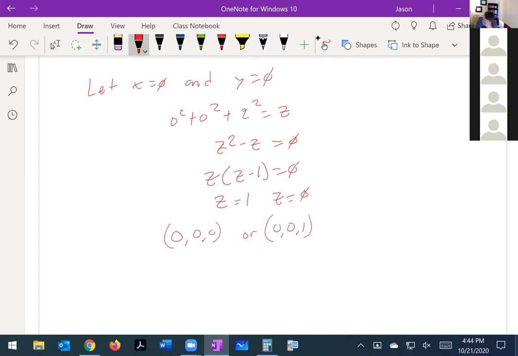So what's a sphere that contains both of those points? I have a sphere that goes through this point, and a sphere that goes through this point. Wouldn't that be a sphere that looks like this?